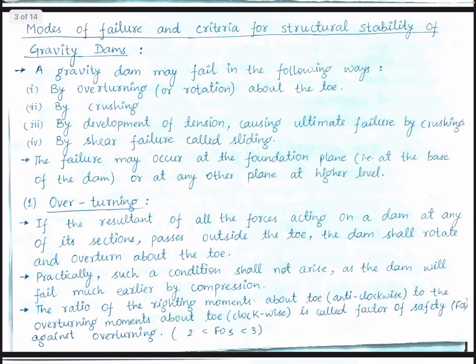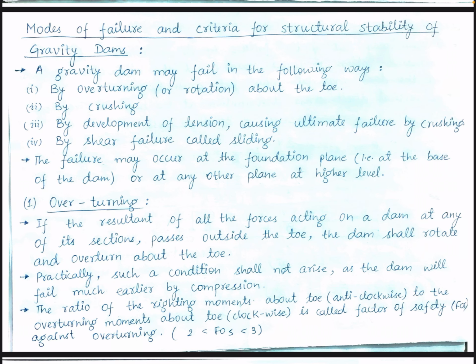Let us see the modes of failure and criteria for structural stability of gravity dams: how the gravity dam can fail and how we can stabilize it structurally. We have to design the various parameters so that the dam is safe, and for safety we first have to check what the possible failures are.